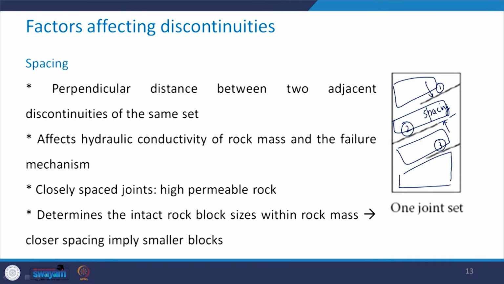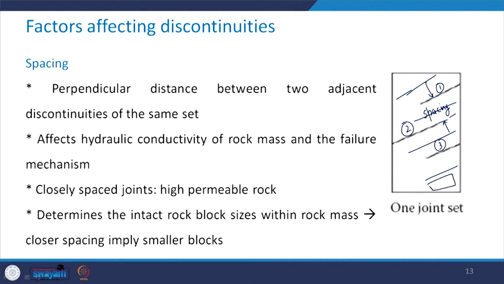Now, say I introduce a few more joints, then what will happen? Let us say I introduce here one more, here one more, here one more, and like this. You have a few more joints. Now what will happen? The block size, you see that now it is this.